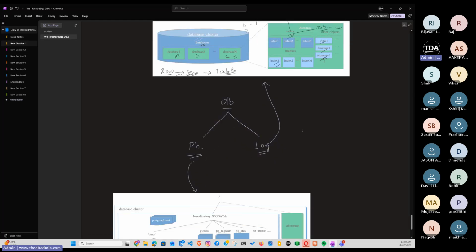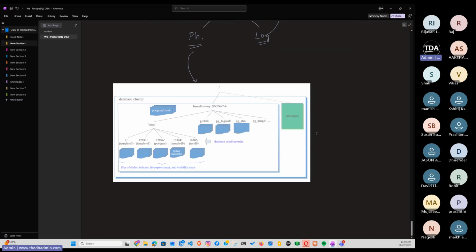When we are talking about the physical structure of the database, the physical structure is nothing but the files which are physically present in your disk. So when I say physical structure of the database, I'm talking about postgresql.conf, pg_hba.conf, pg_ident.conf, postgresql.auto.conf, and all the structure which is available after your Postgres database is installed under your directory.